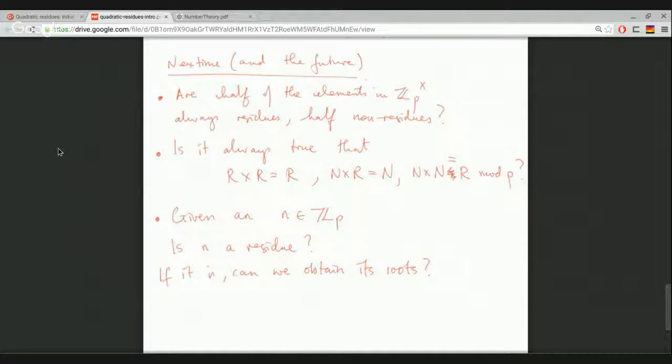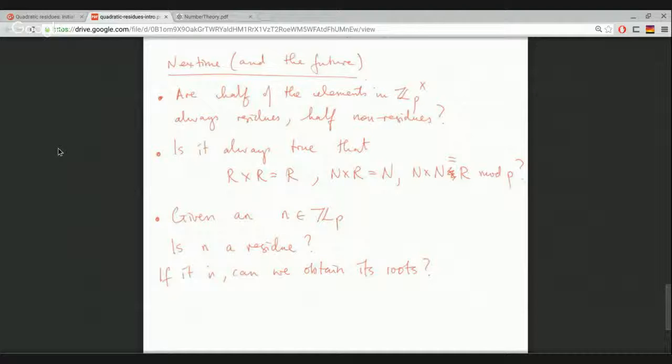You multiply together two residues, two things that have square roots, i.e. two positive numbers, ordinary real number multiplication, you get another positive. You multiply two negative numbers, things that don't have square roots, you get a positive number, something that does. When you mix them, when you multiply a negative number with a positive number, you get a negative number. Okay? So we see that exact same structure being present here in the modular case.